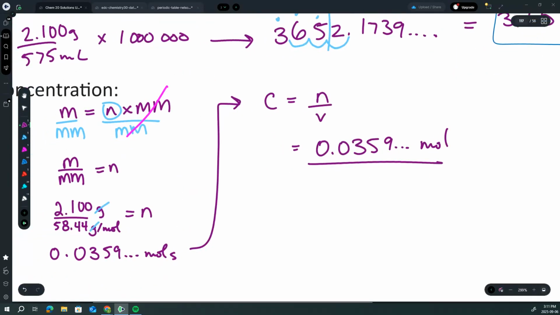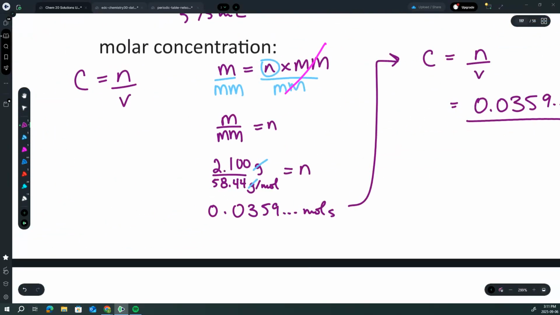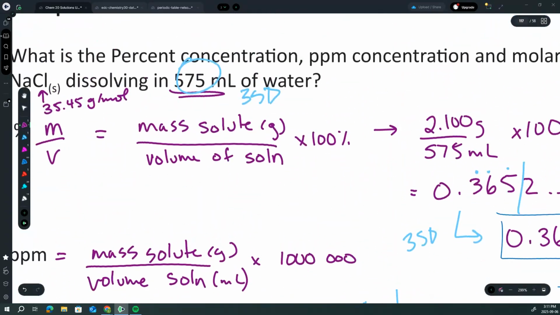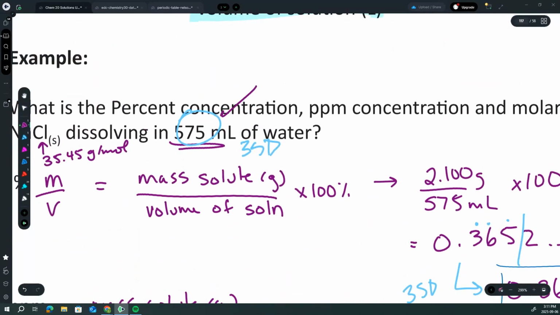And for our volume, remember that volume has to be in liters. Moles is obviously in moles, but our volume is given to us in milliliters. As a reminder, we've done converting from milliliters to liters a few times before, so if you want, you can look back in the videos to see how I do that.